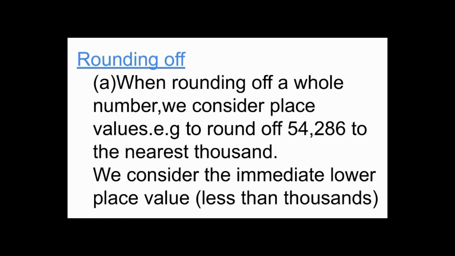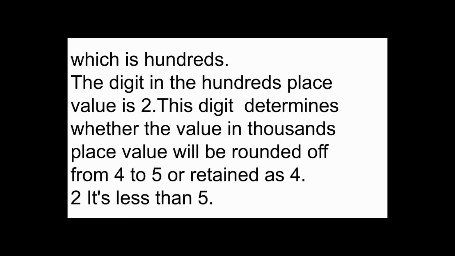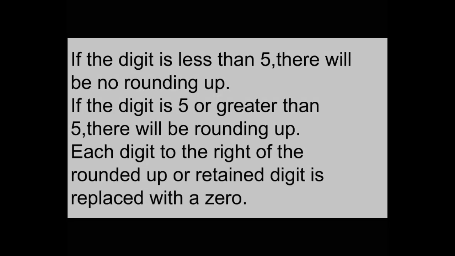For example, if we want to round off the number 54286 to the nearest thousand, then we shall consider the immediate lower place value, that is less than 1,000. Looking at that number, the digit in the hundreds place is 2. This digit determines whether the value in the thousands place will be rounded off from 4 to 5 or retained as 4. 2 is less than 5.